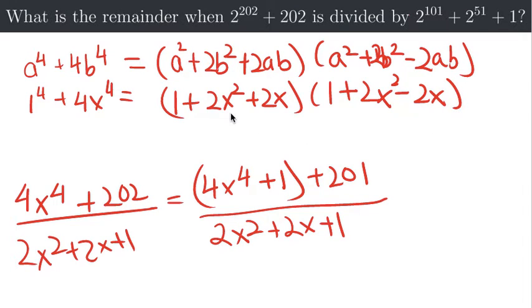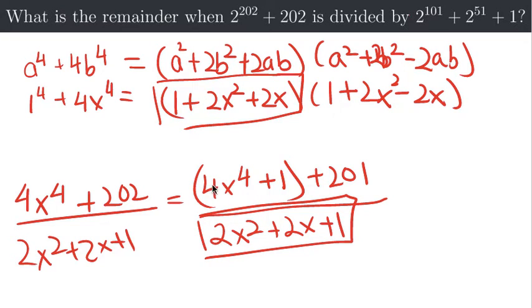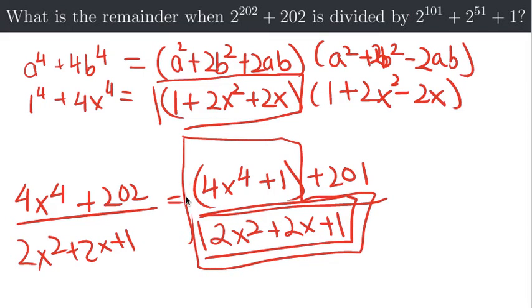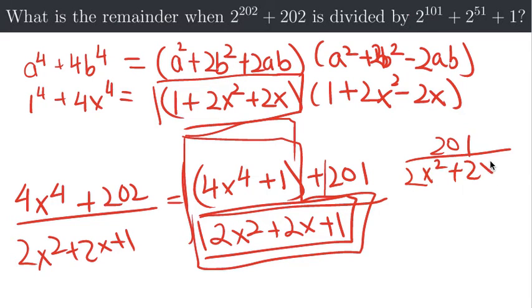Aha! Look at what we found. This right here is the exact same as the denominator. So if we ignore the 200, this part would be an integer. That means we can totally ignore it, and all we need to figure out is whether 201 divided by 2x squared plus 2x plus 1 is going to be an integer.